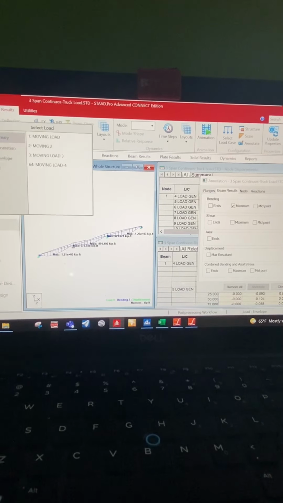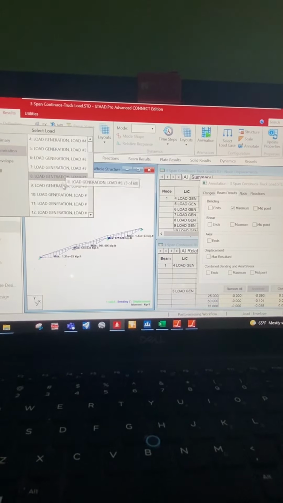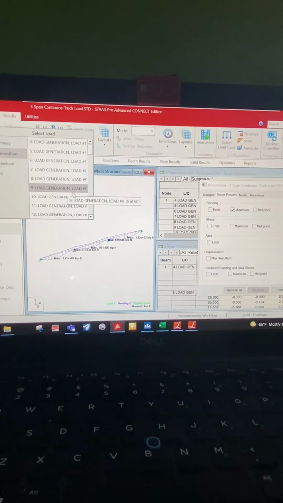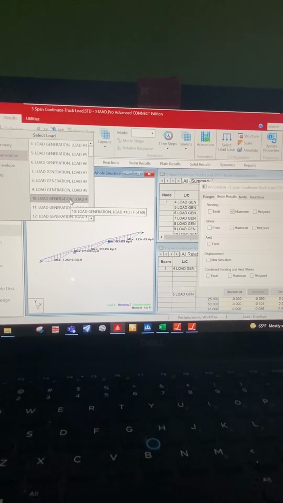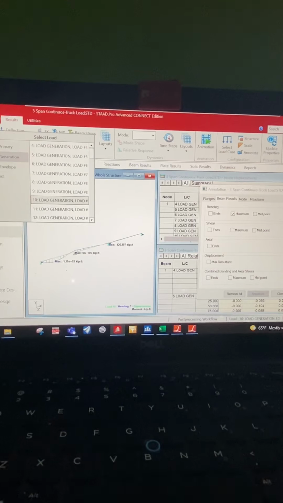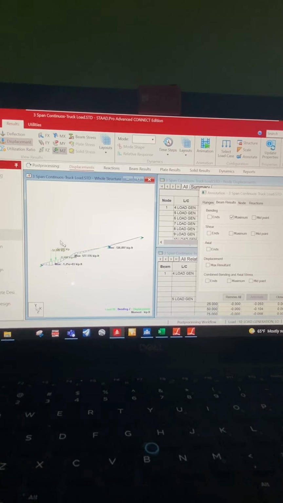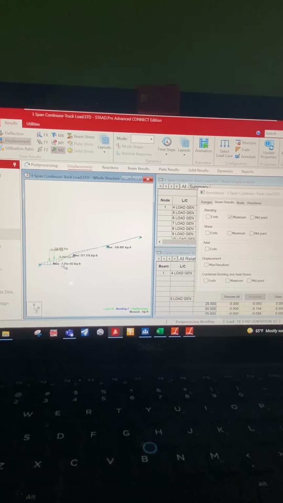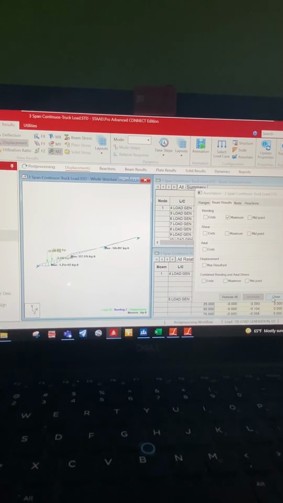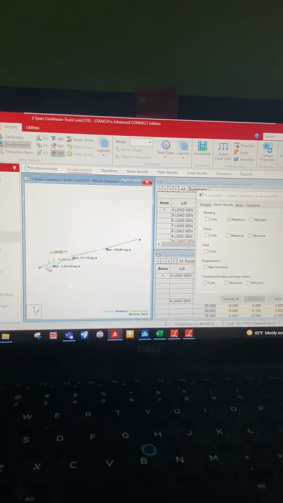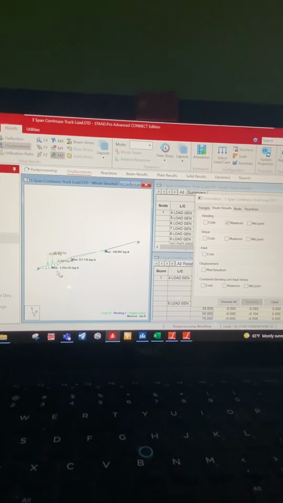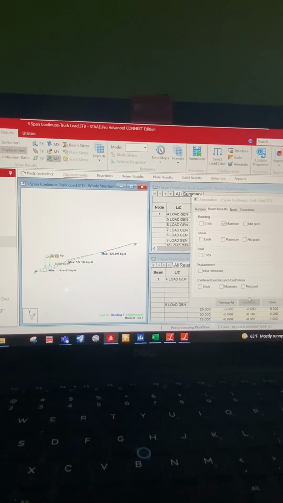I believe that's, if I'm not mistaken, probably the load generation 10. Yeah, about here. So that's the maximum positive moment for the truck.